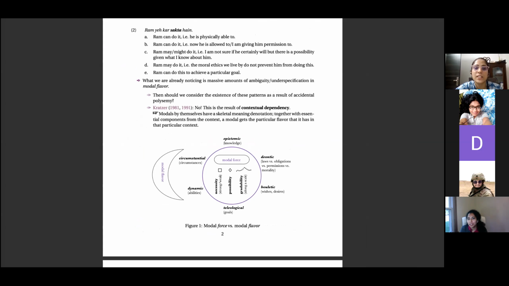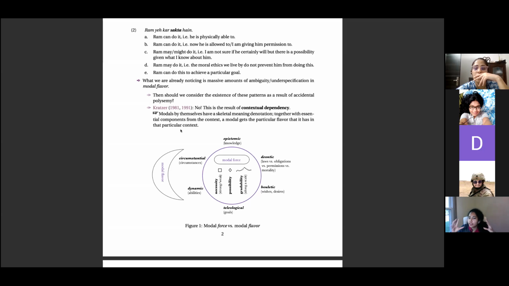So Tanvi is asking, are the flavors, are the forces aspects of the flavors? Force and flavor, if I understand your question correctly, are distinct things. So one is not an aspect of the other. In a way you can say force and flavor are divorced from each other.